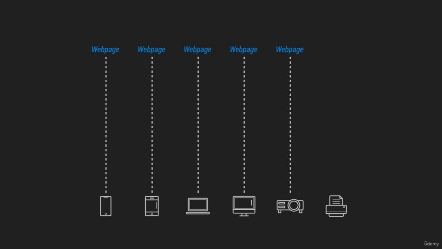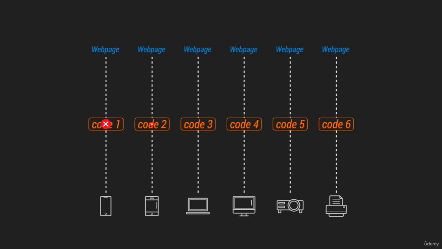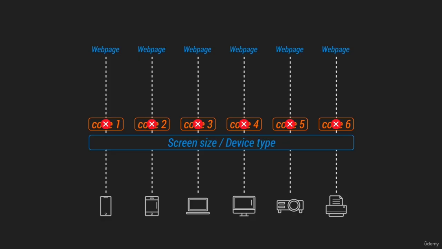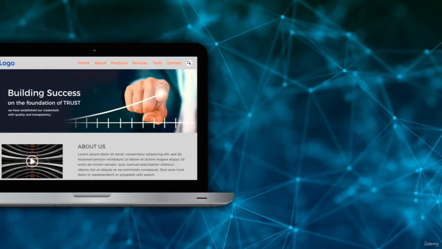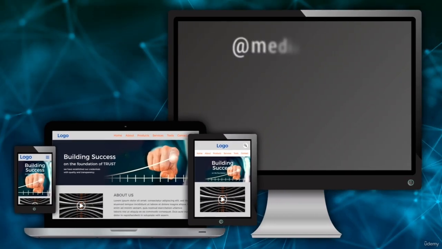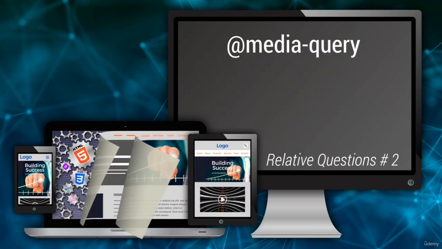So for viewing the web page across different devices, there won't be a need to write new lines of code suitable for a particular screen. You can just define the screen size or device type you wish to target inside the media query. This is what creating a responsive design means, and media queries make it possible.